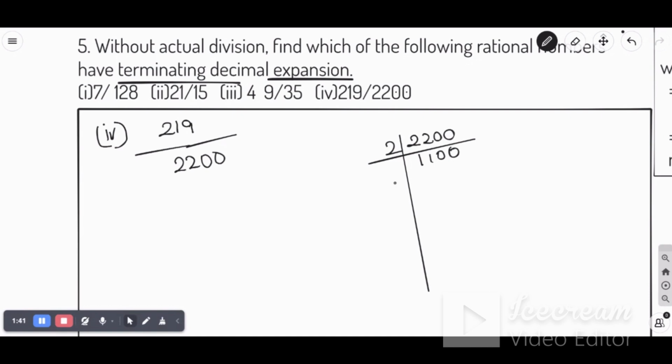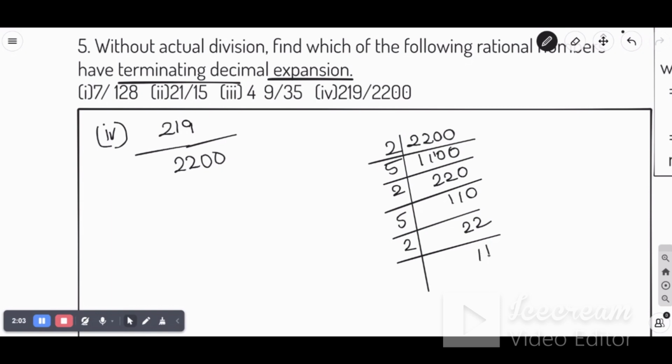Since we have got zeros at the end, it's better we go with 5s first to make it quicker. 2 fives are 10, and 2 fives are 10, and a 0. Now again we got 2. So let us make it 2, 1, 1, 0. Now again let's move on to 5. 2 fives are 10 and 2 fives are 10. Now you can make it 2 and this is 11.